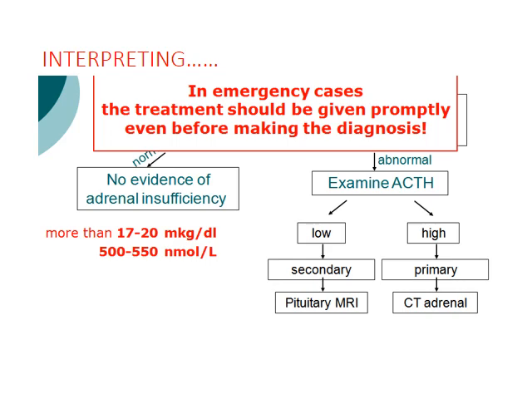mostly the pathology is in the adrenal gland, and we will order ultrasound, CT, X-ray and adrenal antibody screening in this patient. While on the other hand, if the serum cortisol is abnormally low and the ACTH is also low, then the cause is secondary, and we have to investigate the pituitary, and pituitary MRI will be required.